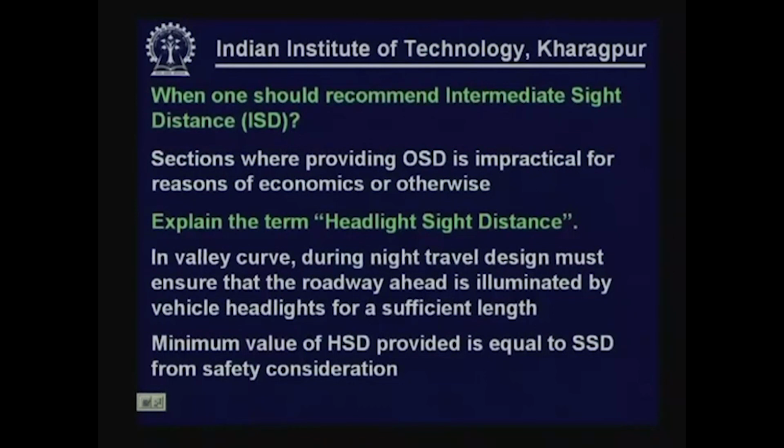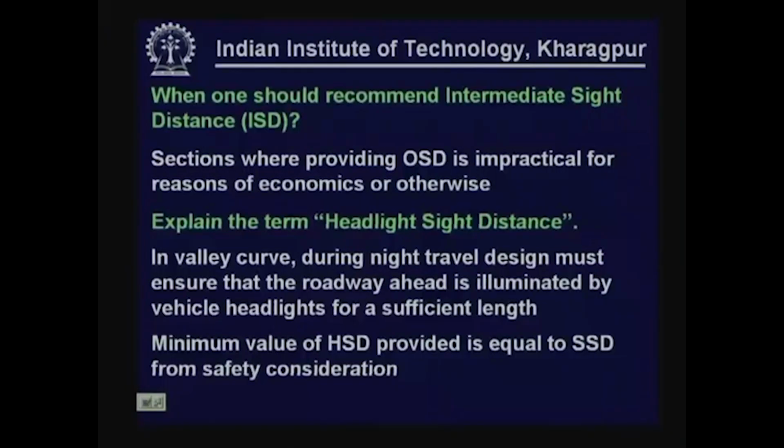When should one recommend intermediate side distance? For sections where providing overtaking or passing side distance is impractical for reasons of economy or otherwise, then it is a consideration by Indian Roads Congress.